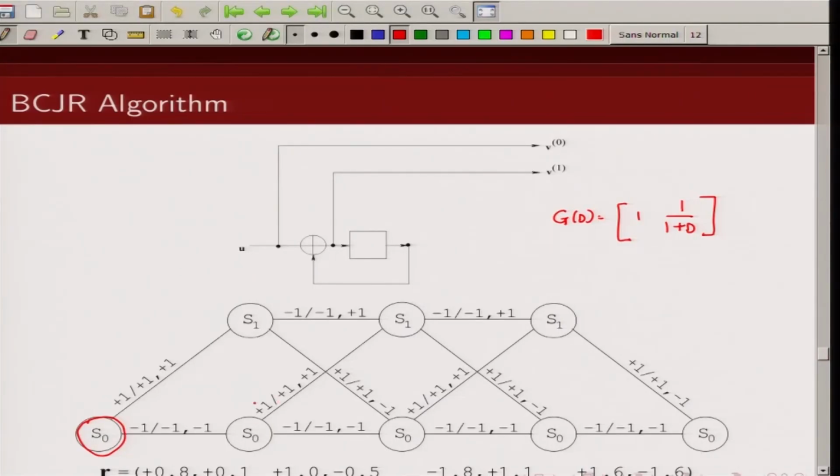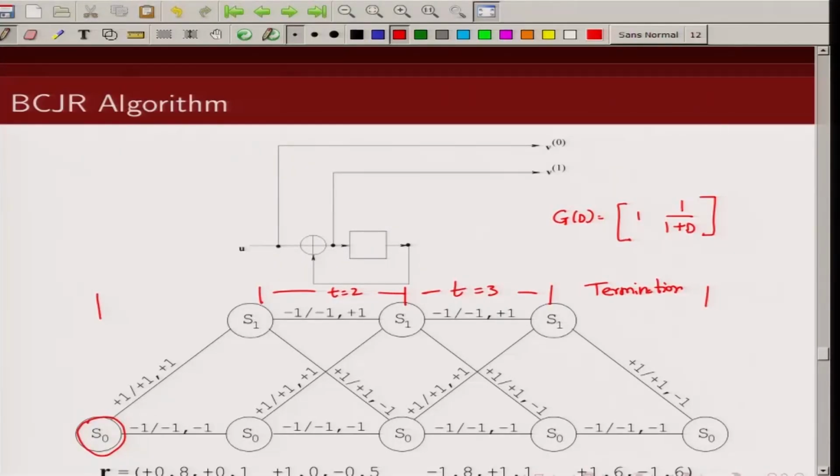This is the first time instance, this is t equal to 2, this is t equal to 3, and after this I am terminating the encoder back to the all 0 state. So, this is the termination phase.